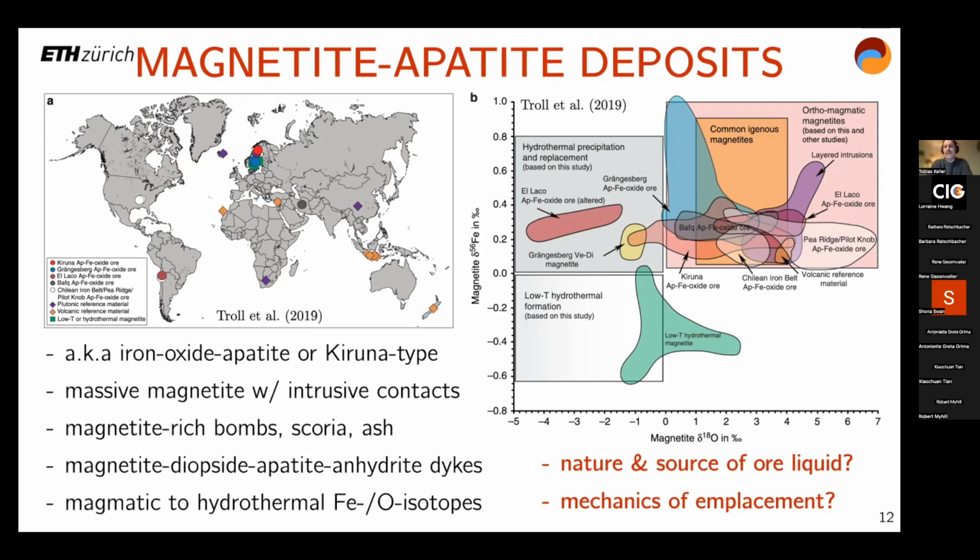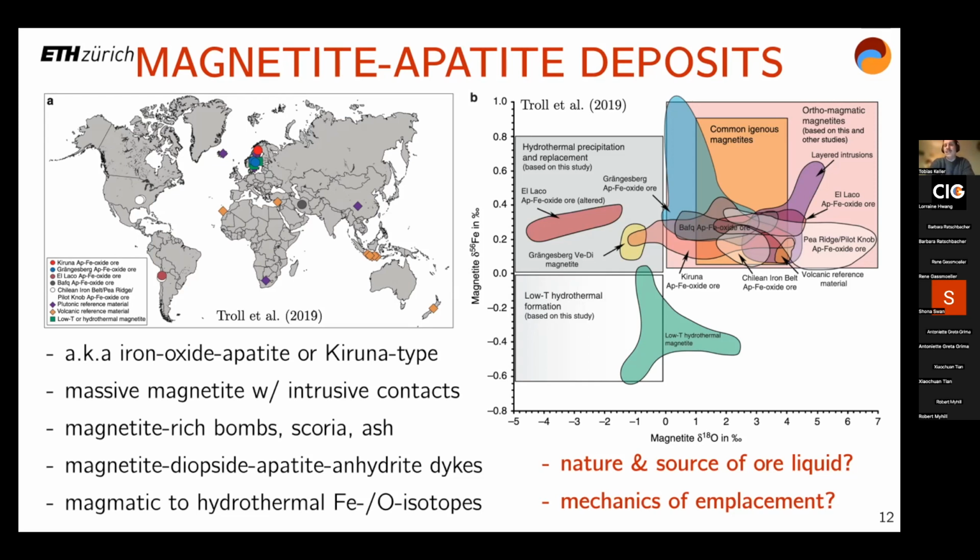These massive magnetites tend to present with intrusive contacts, but they can also take on extrusive characteristics, such as magnetite-rich bombs, ash, etc. And often it is also found in the form of magnetite, diopside, apatite, and anhydrite-bearing assemblages that have very large crystals like pegmatites. I have a hand piece at home, which has apatite crystals the size of an arm.